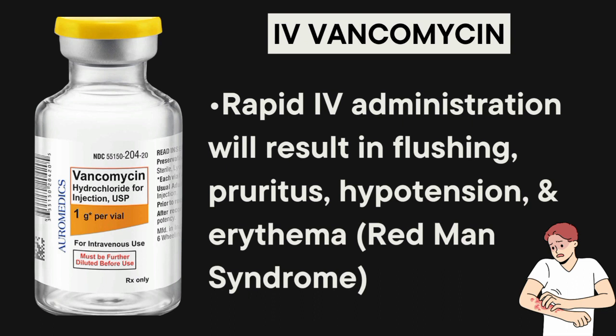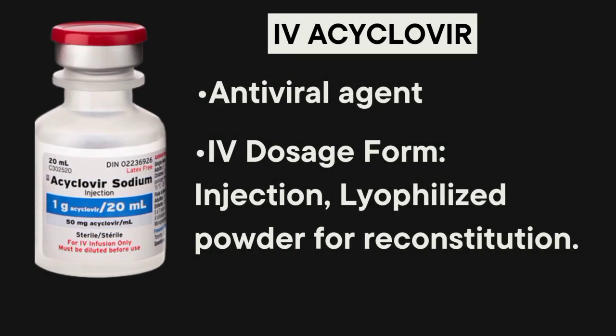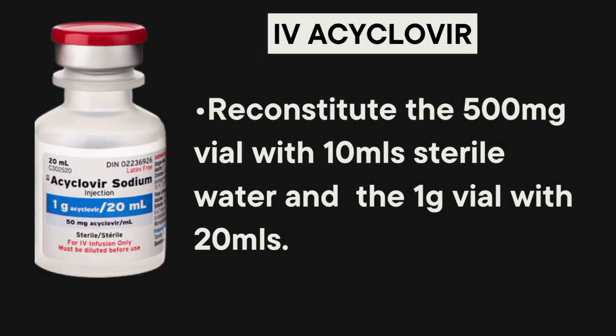The next medication is IV acyclovir. It's an antiviral agent. The IV dosage form comes in injection, lyophilized powder for reconstitution. To administer, reconstitute the 500 milligram vial with 10 ml sterile water and the 1 gram vial with 20 ml.